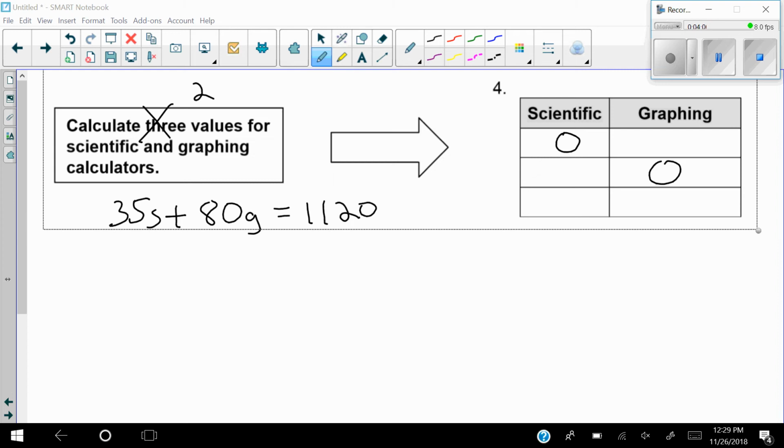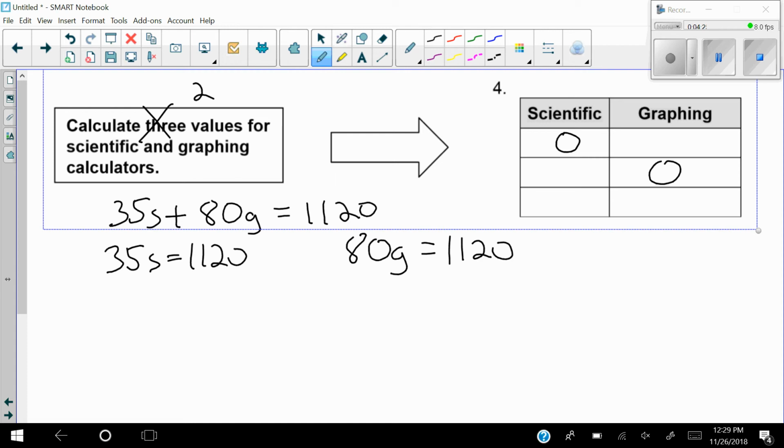And if I have 0 graphing calculators, what would I get? The zeros are going to cancel out each term and leave the other one. So really what I'm going to end up with is 35S is equal to 1,120, and 80G is equal to 1,120. We're just going to solve both of those.